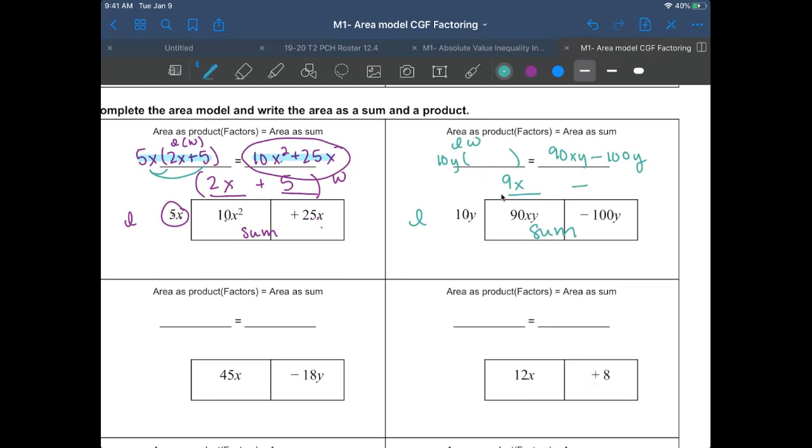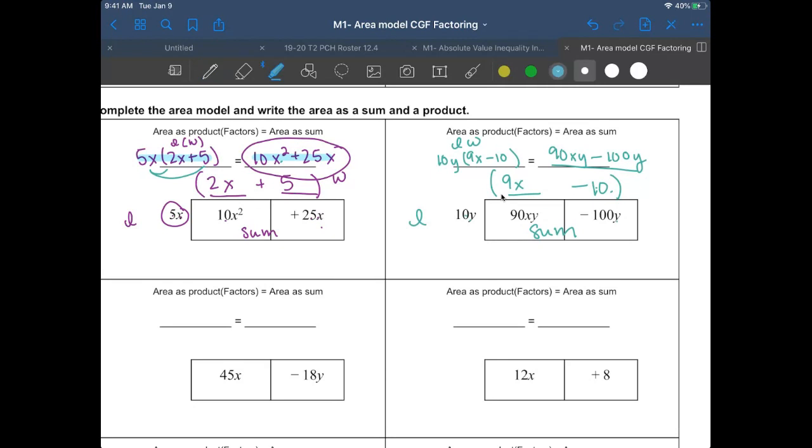10 times what is going to give me a negative 100? A negative 10, so minus 10. And then do I need to multiply by any variables? No, because y times 1 would give me a y. So 10y times 9x minus 10 is going to give me this sum over here.